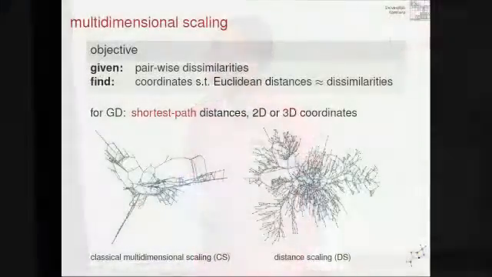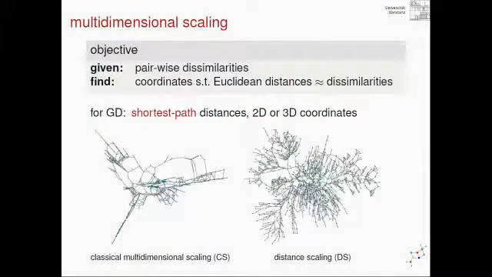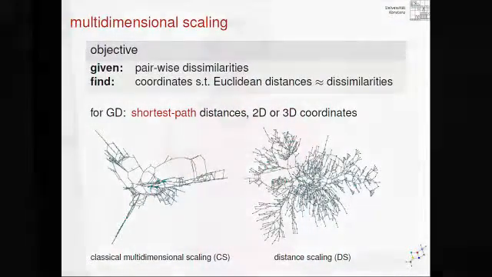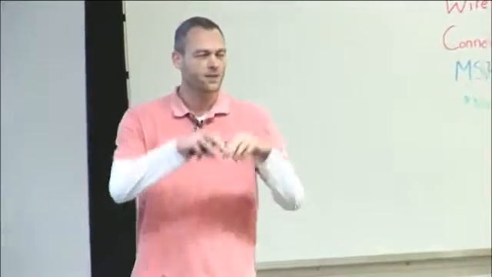It's about MDS, and MDS, I just briefly recall what the principle is. Given some pairwise dissimilarities between objects, we're trying to represent them in some geometric space, 2 or 3 dimensional, such that the distances in that space resemble the dissimilarities that were input into the method. It's a whole family of possible approaches, and the 2 main variants are illustrated here.